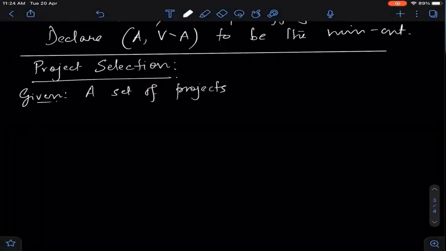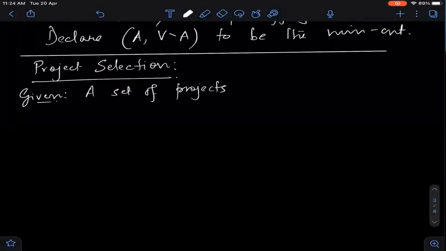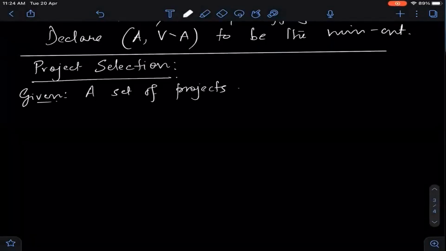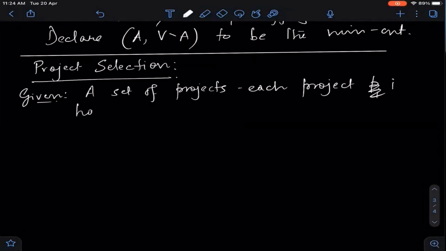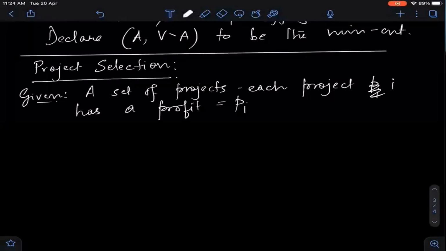Given a set of projects that you can perform, each project i has a profit P_i. So every project has some profit, right?